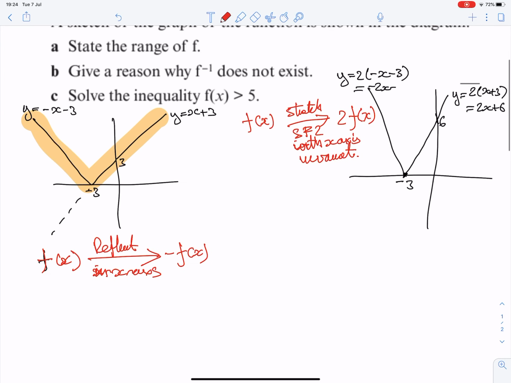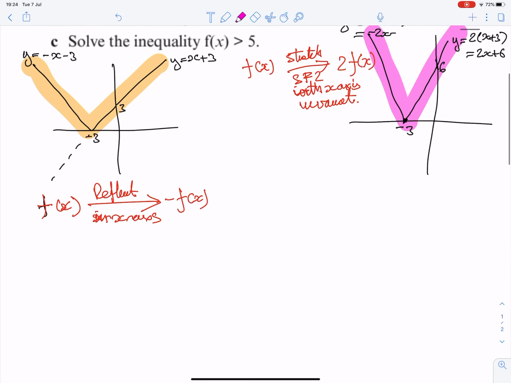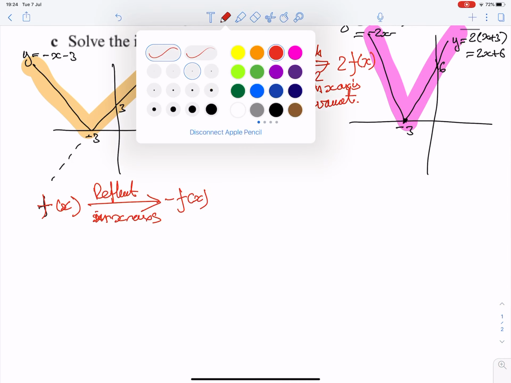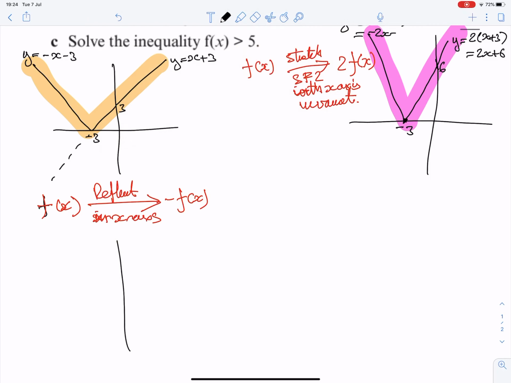So our graph over here is going to get reflected. So it's going to look like, still x-axis invariant, so it's going to go down like that. It was intersecting at minus 6, so it's now going to intersect at minus 6, and this point is still minus 3.